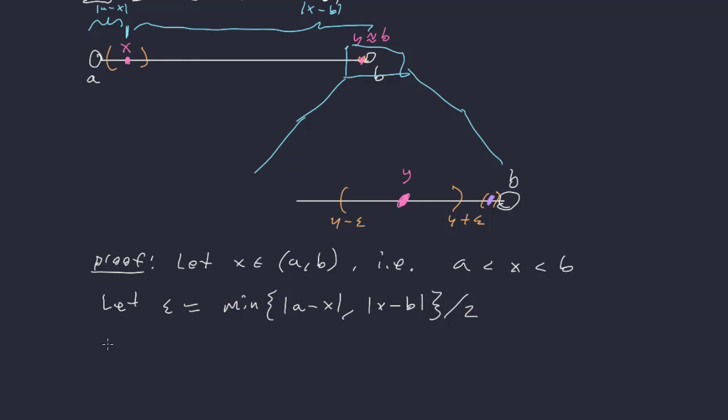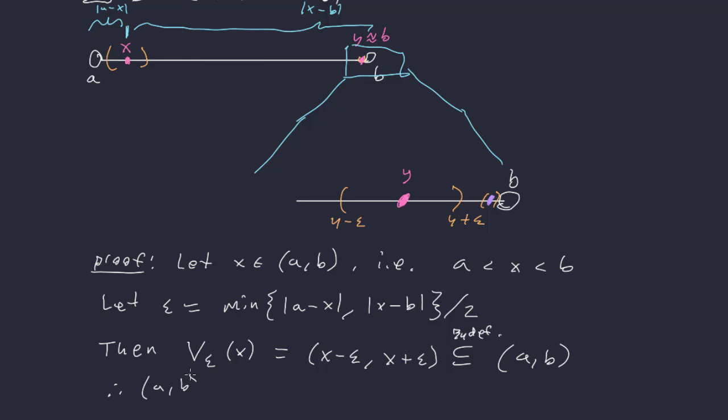So then V sub epsilon about x is going to be x minus epsilon to x plus epsilon, and just based solely on definition, this will be contained in A to B. All right, therefore, the interval A to B is open.